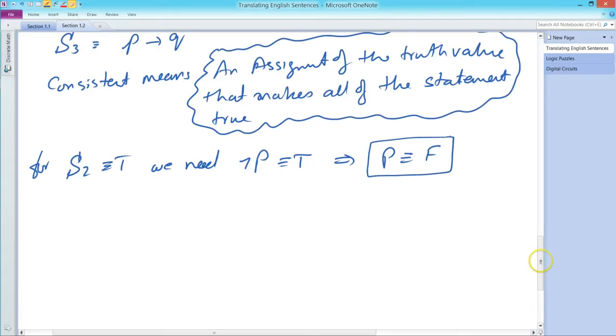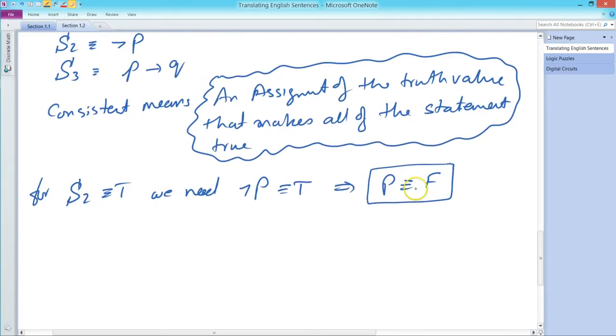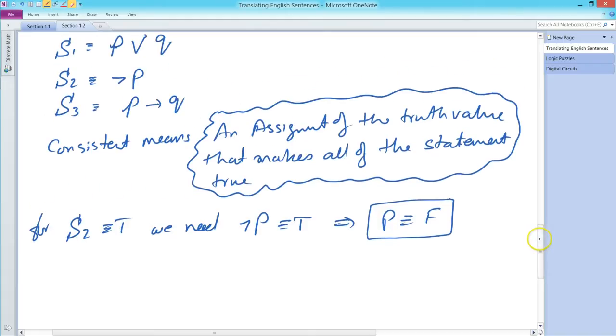Now, having P equal to false, let's see how the other statements can be true.